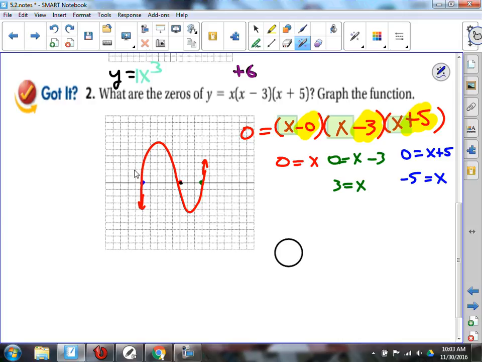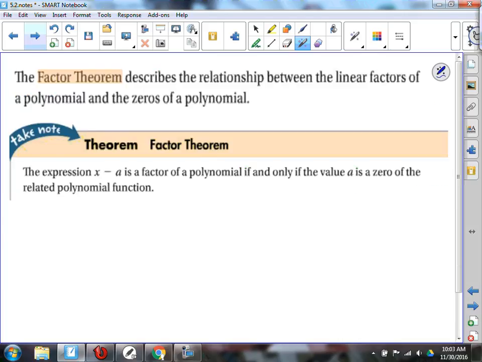So hopefully everybody's doing all right up to this point. There's this factor theorem, really big idea. When you take pre-calculus and you study polynomials, this is a huge idea. You're going to use it all the time. The expression x minus a is a factor of a polynomial if and only if the value a is the 0 of the related polynomial function. We've said it already. You know it. You just need to be able to apply it.